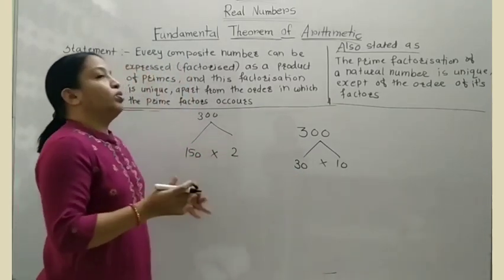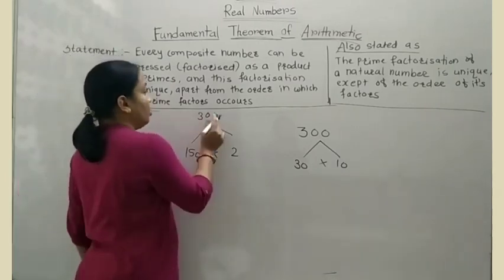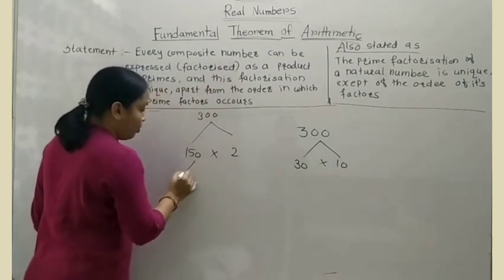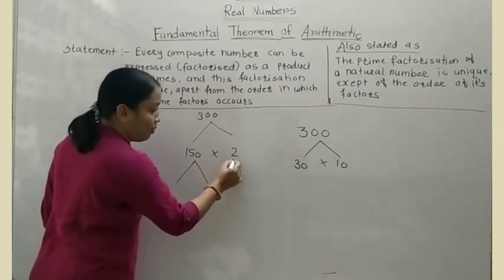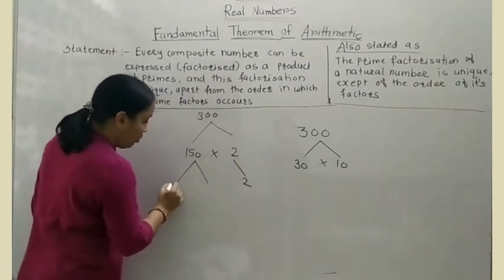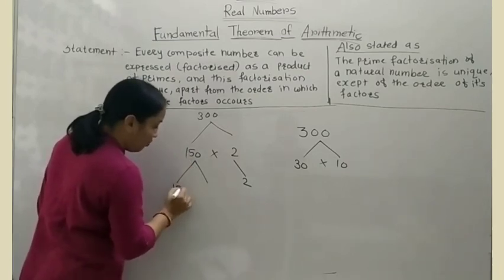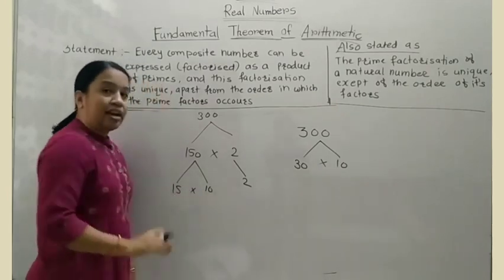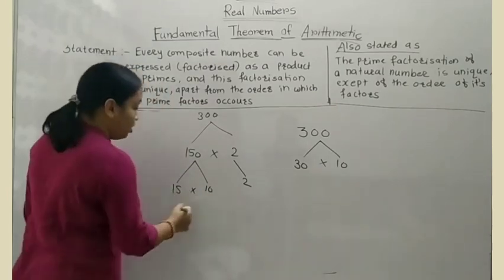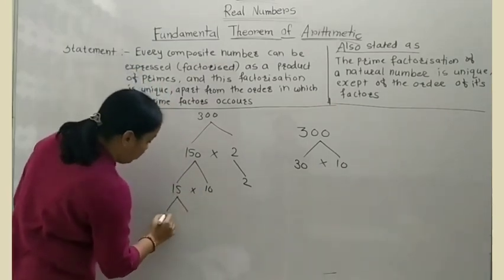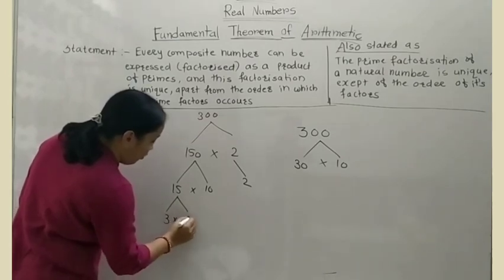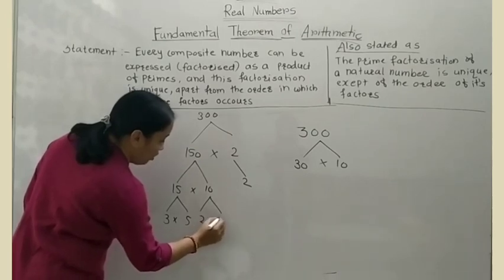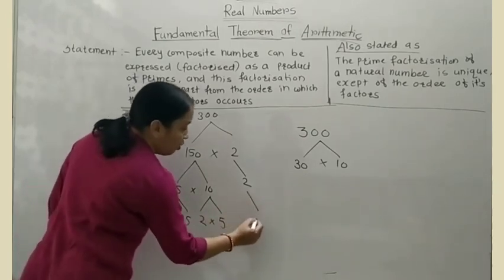Now if I want to do the prime factorization, suppose student 1 started from this and another student started from this. I am going to factorize this again; as it is a prime number, it stays as it is. Now 15 can be factorized into 3 into 5, and 10 can be written as 2 into 5, and this 2 as it is.